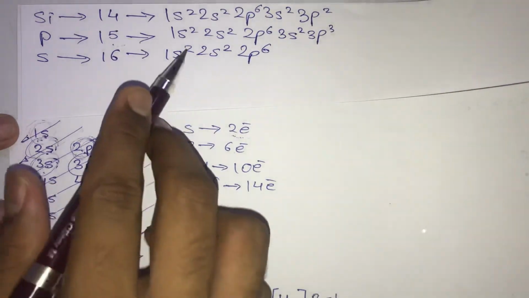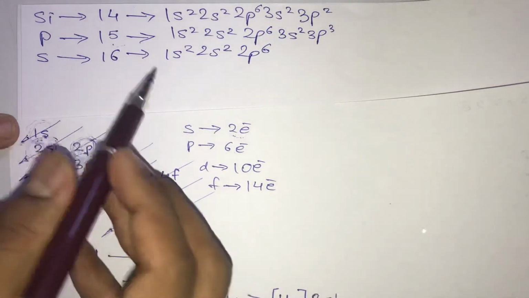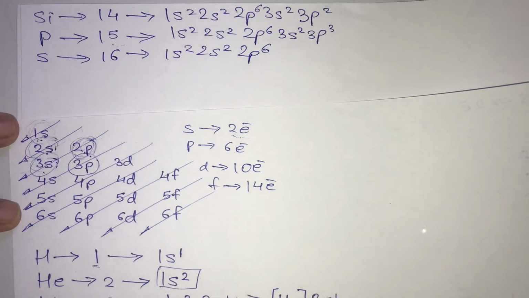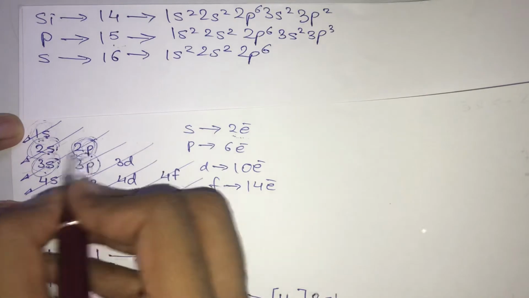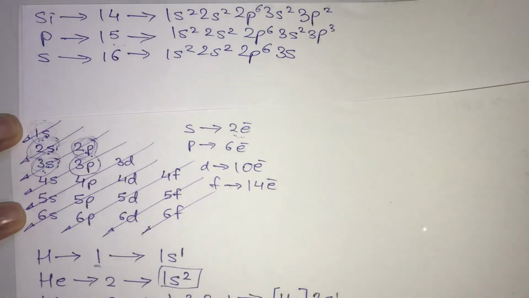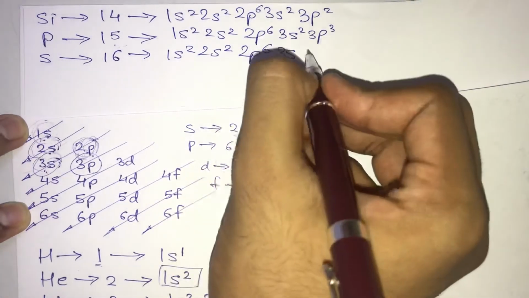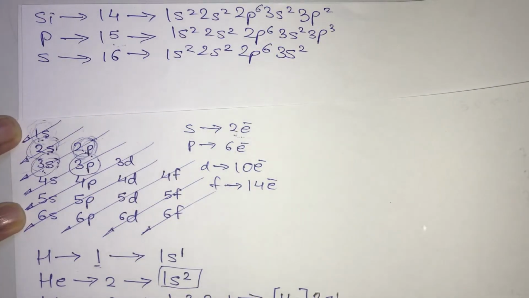Now let us count. 2 plus 2 plus 6, 10. So we are still left with 6 more to go. Am I right? After 2p comes 3s. 3s cannot take all 6, but it can take a maximum of 2 electrons. So out of 6 electrons it is going to take 2 electrons, and we are left with 4 more electrons to go.